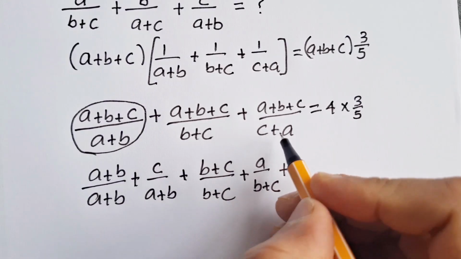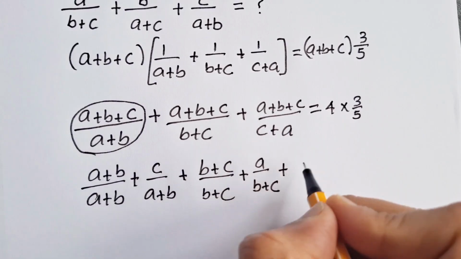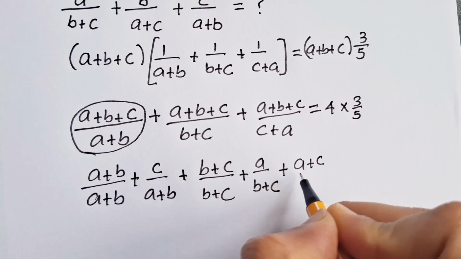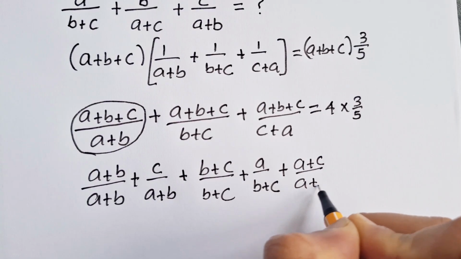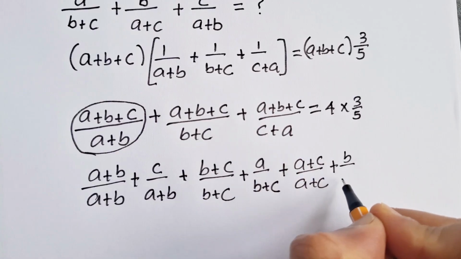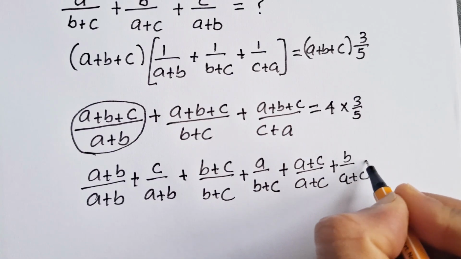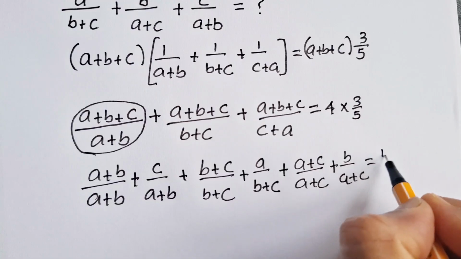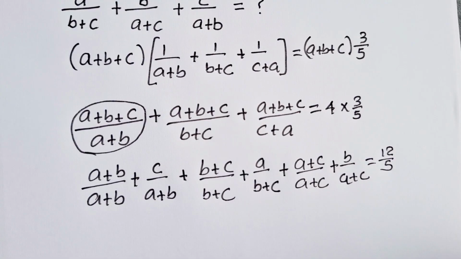Same way, this one: a plus c over a plus c, plus b over a plus c, equals 4 times 3, 12, 12 over 5.